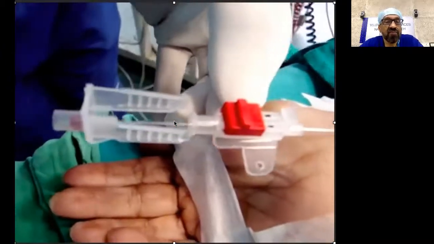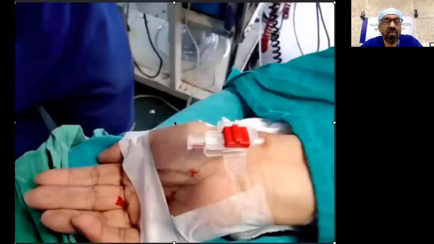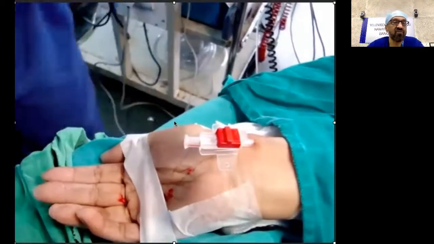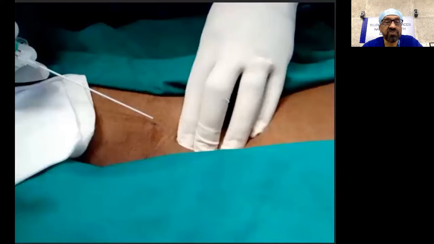The flashback of blood into the hub of the needle indicates the presence of the cannula in the intra-arterial location.